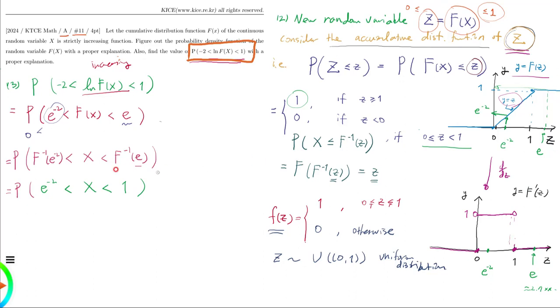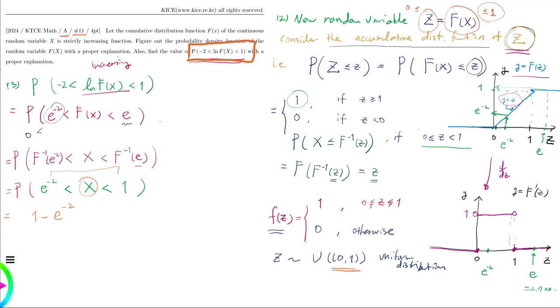And you can think that you know that this is a uniform distribution on the interval from 0 to 1, so its probability is the length of this interval, 1 minus e to the negative second power. Okay, let me wrap up this problem.